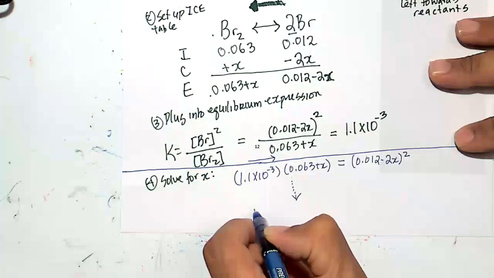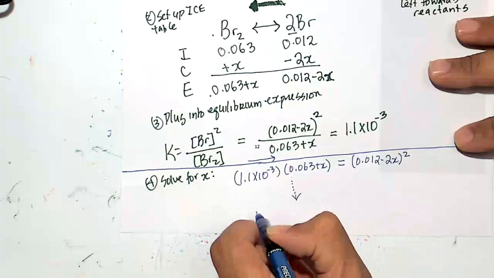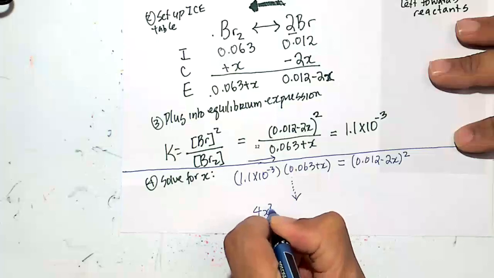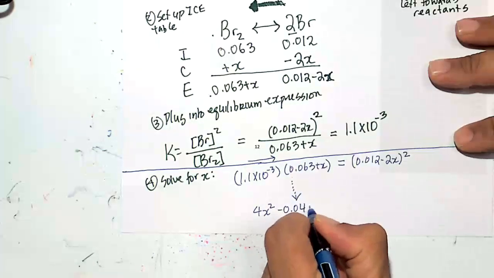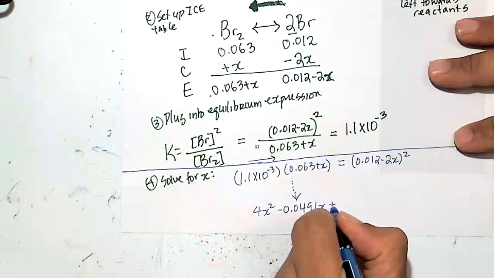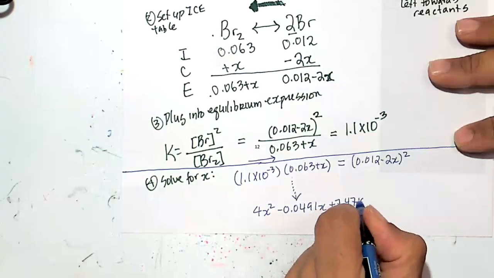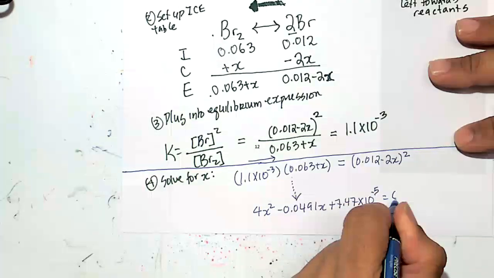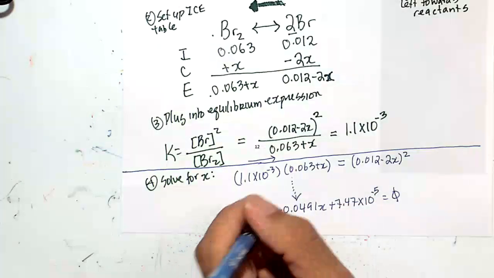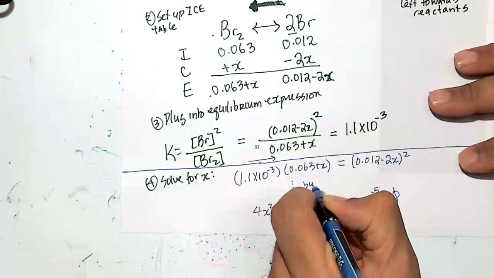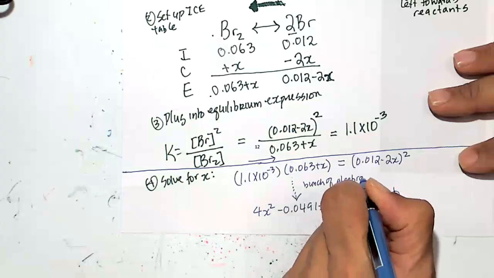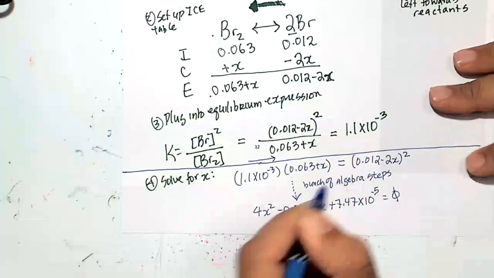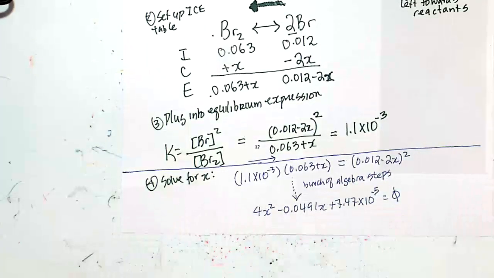When I put it into quadratic form, this simplifies to 4x squared, again, this is not on the exam, minus 0.0491x plus 7.47 times 10 to the minus 5 is equal to 0. So this is just a bunch of steps. Okay, so this goes into the quadratic equation.